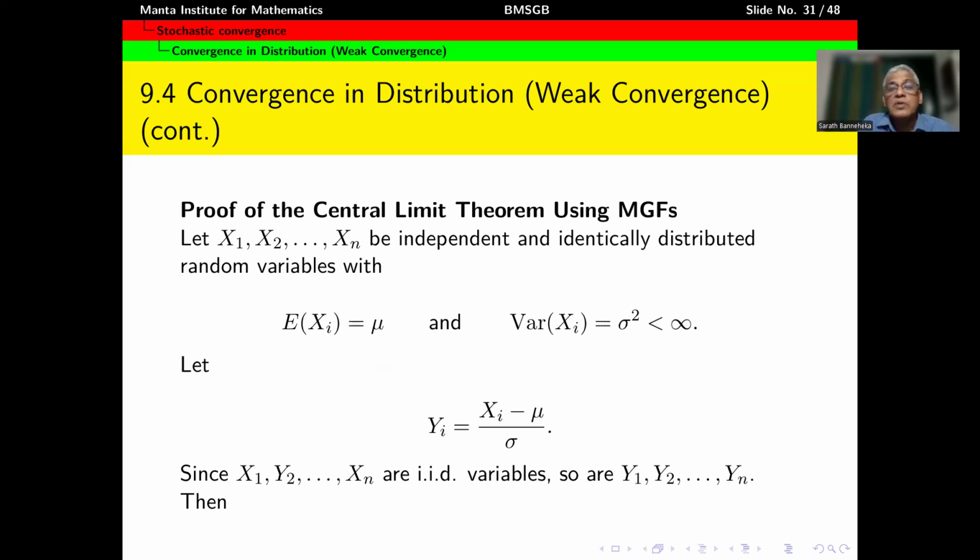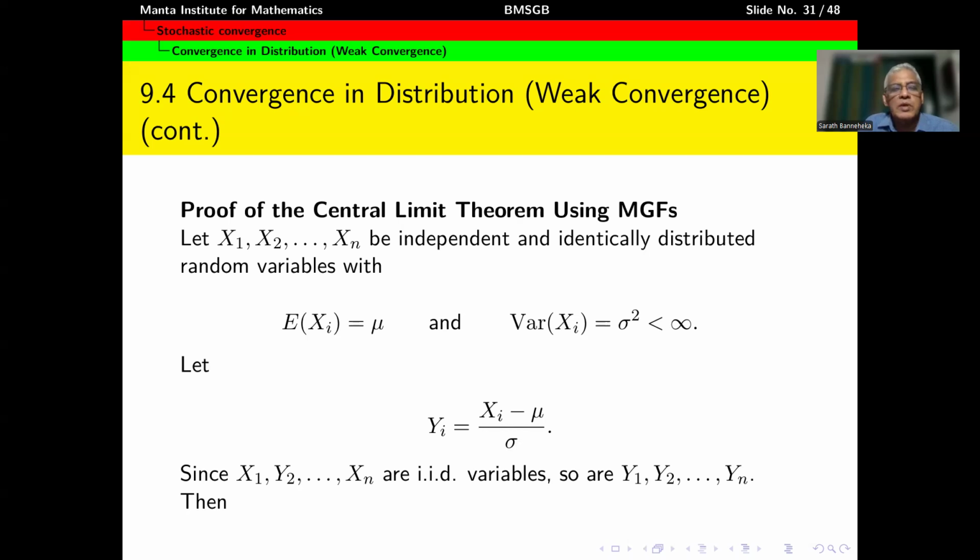They have the same distribution. We don't know the distribution of x1 up to xn. They all may have, for example, an exponential distribution. They all may have a gamma distribution. They all may have a Weibull distribution. They all may have a Poisson distribution, like that. Whatever, they all have the same distribution.